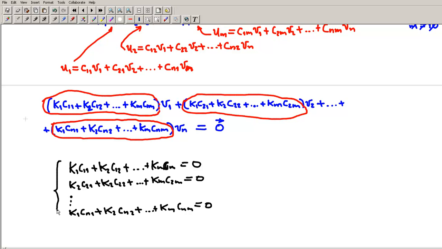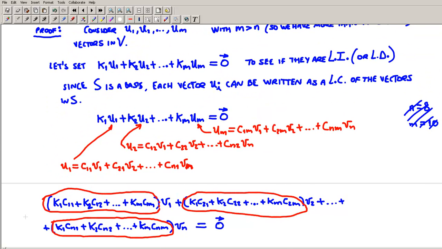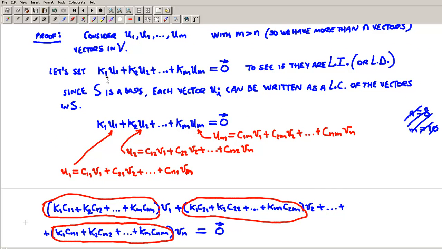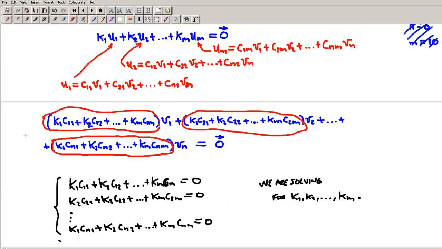Okay, that's a big system of equations. Notice that we are solving for k1, k2, and km, right? Remember, we're trying to find these coefficients here, k1, k2, all the way to km, and see if they're 0.